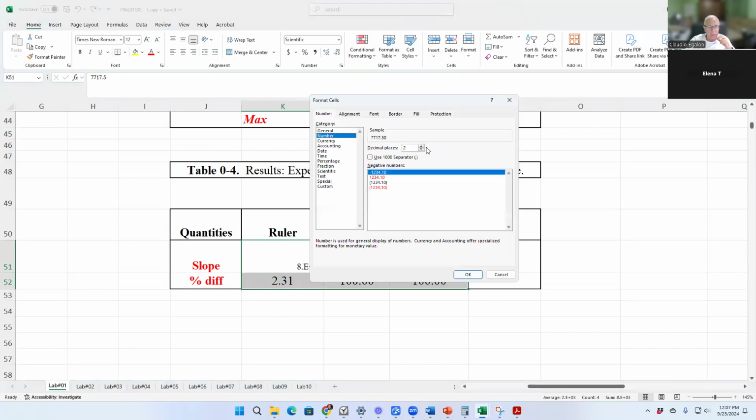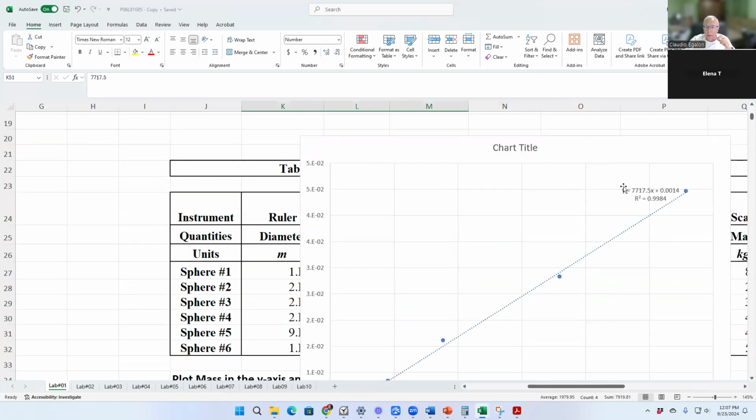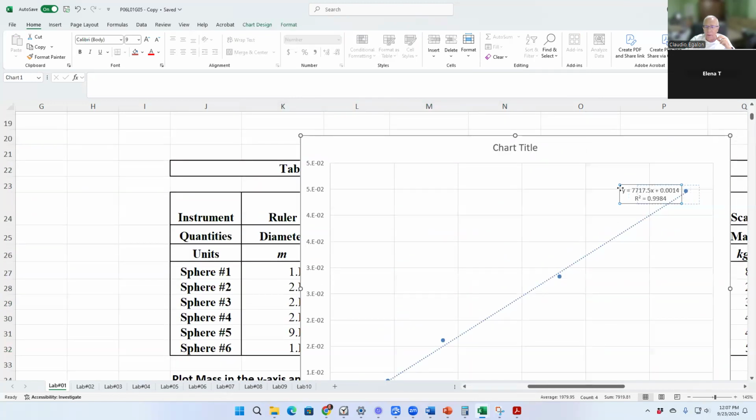Yes, this is the slope. You have the regression equation right in here. That's the slope, and this one right in here is what? That one is the y-intercept. Yeah, that's right. That's the slope, and that's the intercept.